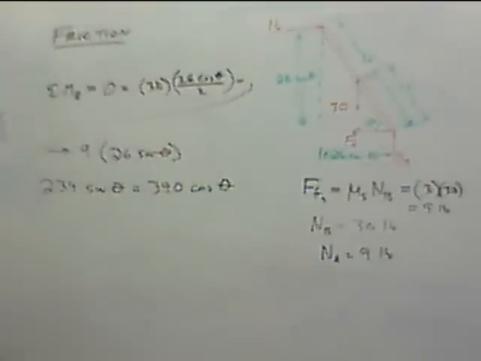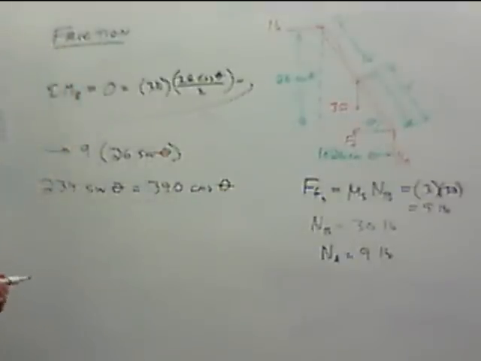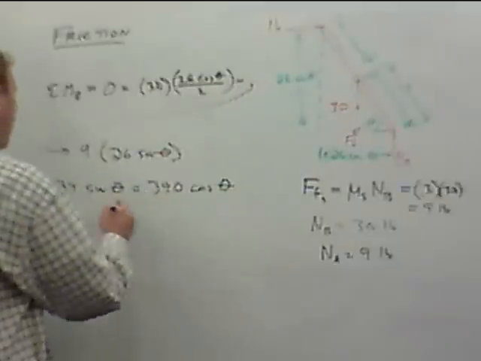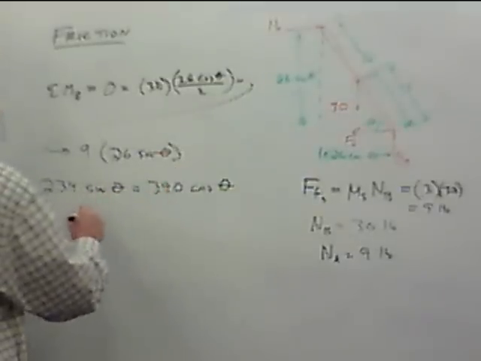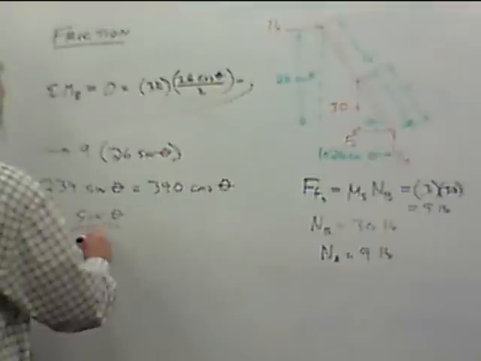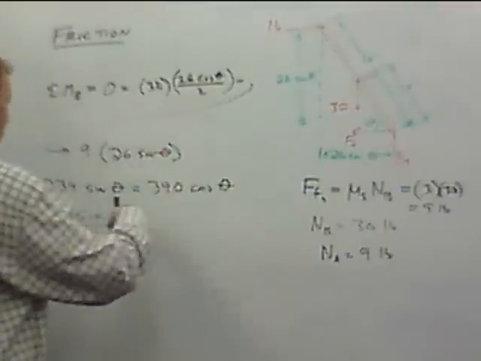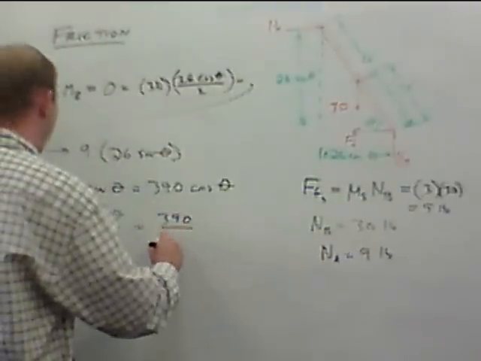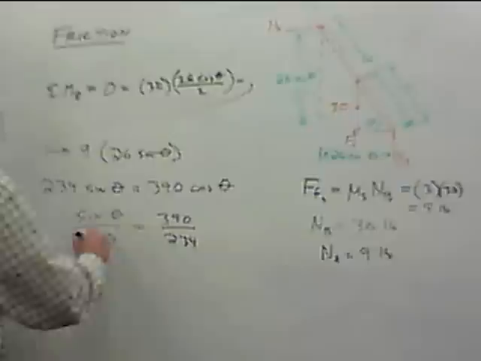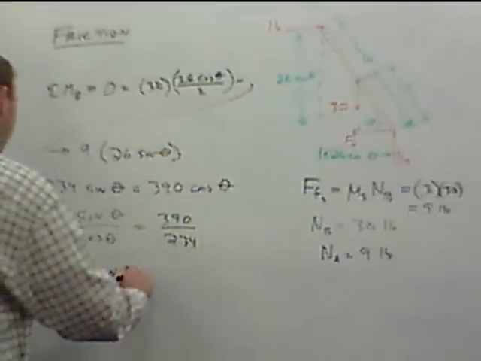You will see this a lot in ladder problems. Combinations of sine and cosine, things that will reduce essentially to tangent. What I'm going to do here is rewrite this as sine theta over cosine theta equals, bring the cosine down, bring the 234 over, 390 over 234. Sine theta over cosine theta is simply tangent theta.